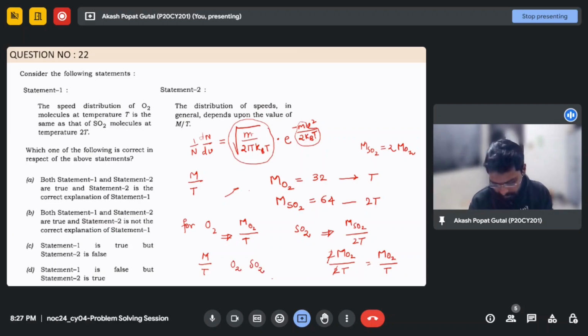So both statement 1 and statement 2 are true and statement 2 is the correct explanation for statement 1.